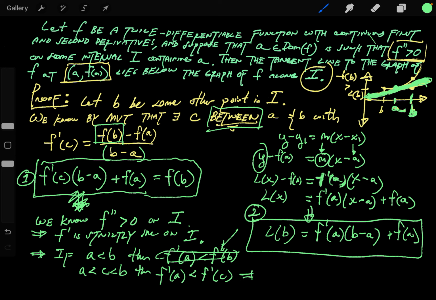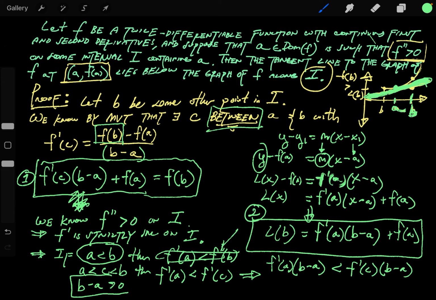But then what this will imply immediately is that since A is less than B, B minus A is greater than 0. So when I multiply on both sides by B minus A, I get f prime of A times B minus A is less than f prime of C times B minus A. And that's because B minus A is positive.